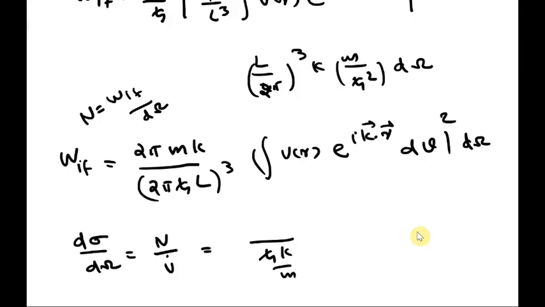And for this wave, the amplitude square is 1 by L cube. So this is going to be 1 by L cube. That is the incident intensity, and omega IF divided by d omega divided by this is going to be your differential cross section.